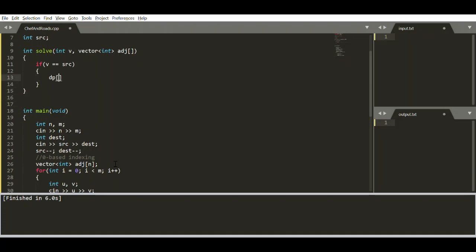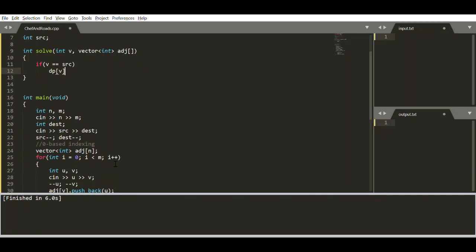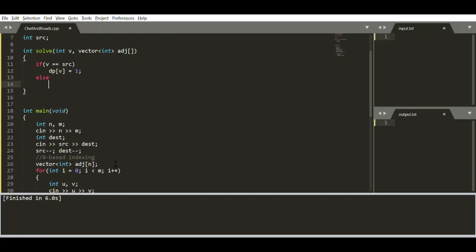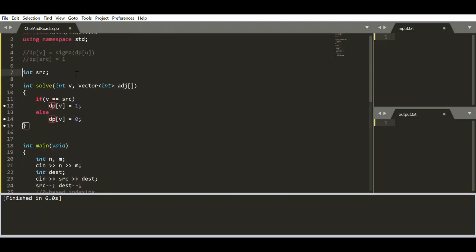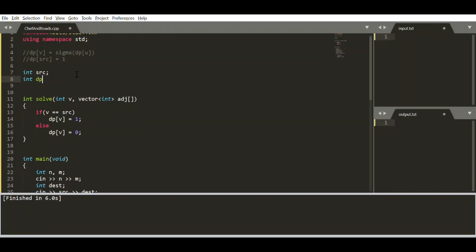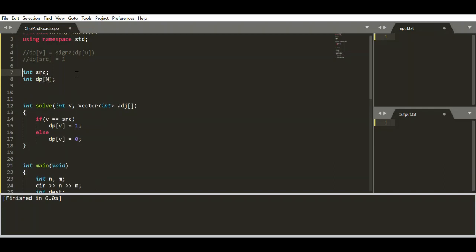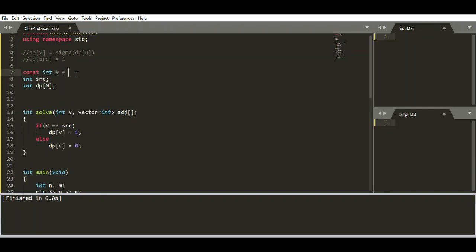Then what do we do? dp of v is equal to 1. I have not defined the DP array, and in DP of n constant, they've given us the constraints of 1e5.